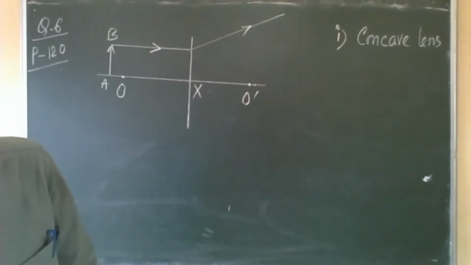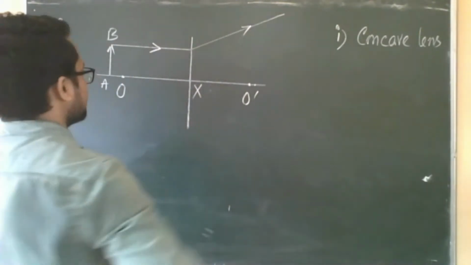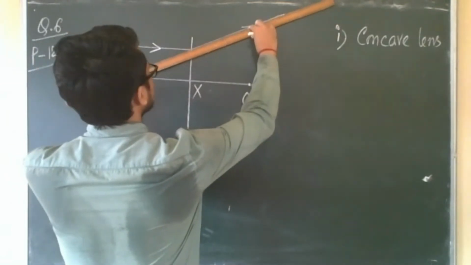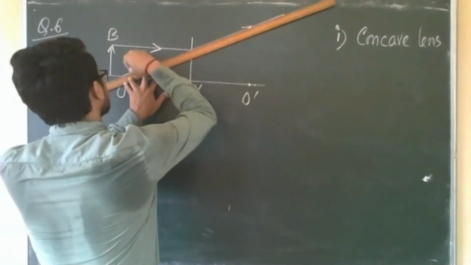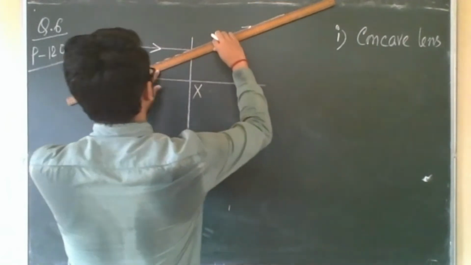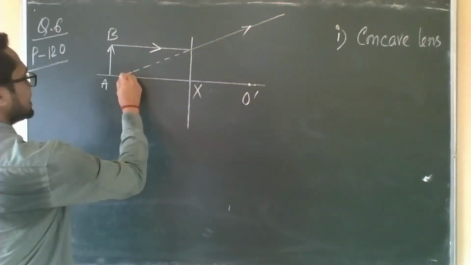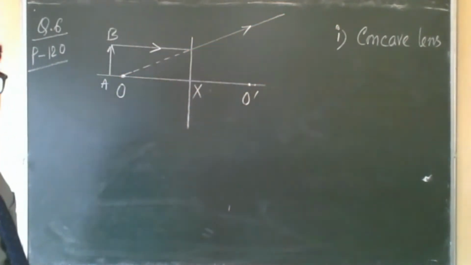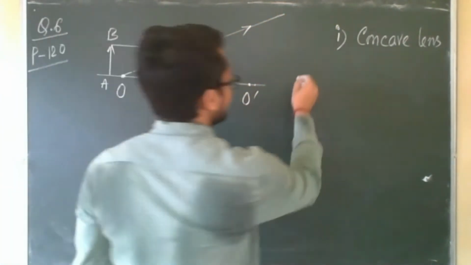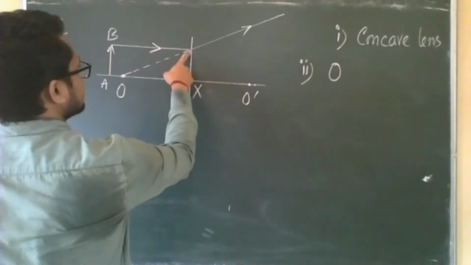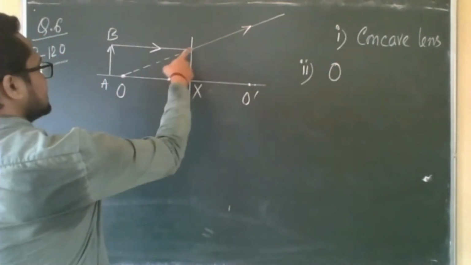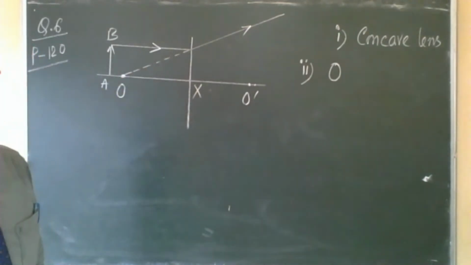What are the points O prime called? Okay, so if you extrapolate this ray in the backward direction, you will see that the refracted ray is meeting at point O. So parallel to the principal axis, after refraction, it is meeting at point O. At which point does it meet?